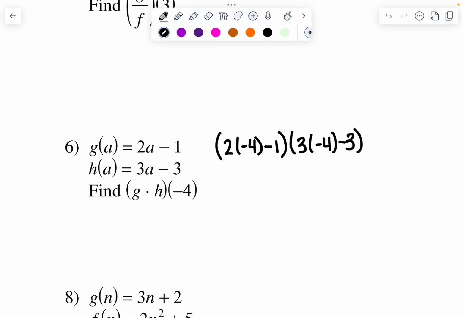And if you put that into Desmos, it would do the order of operations correctly. And you would get 135.